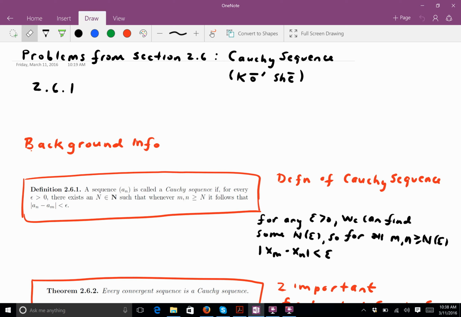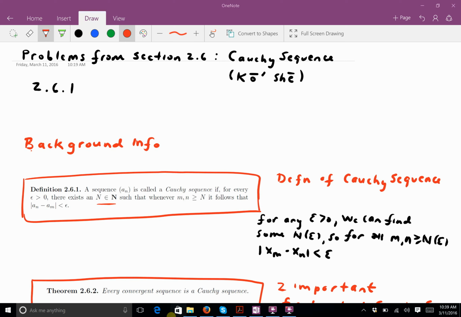So the definition says, if you give me any epsilon, I can find some natural number N epsilon, so that for any two terms in the sequence past capital N, they're less than epsilon from each other. So let's think about what this means for a second.